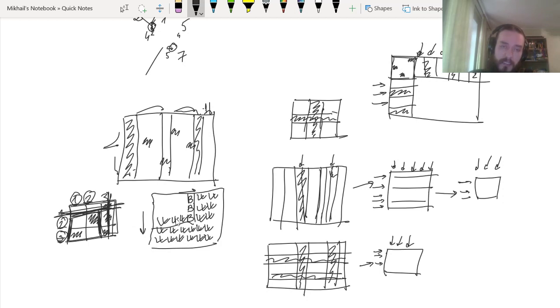But how should this work exactly? This cannot have white columns. So after finishing this black row, we cannot have any white columns. So we can only have white rows, a few of them.